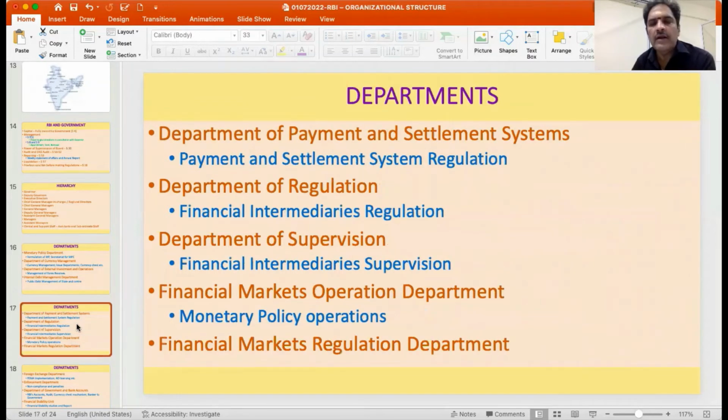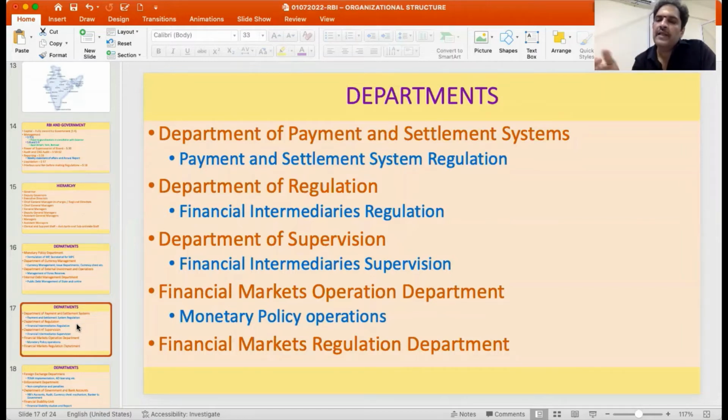Then the important regulatory and supervisory departments that you have are, first, the Department of Payment and Settlement Systems, which is taking care of the regulation and supervision of the payment and settlement systems operating in the country. Then licensing of system participants, giving directions to them, eligibility criteria for members to be operating in the systems, and all the retail and the wholesale segments of the payment systems are all regulated by the Department of Payment and Settlement Systems.